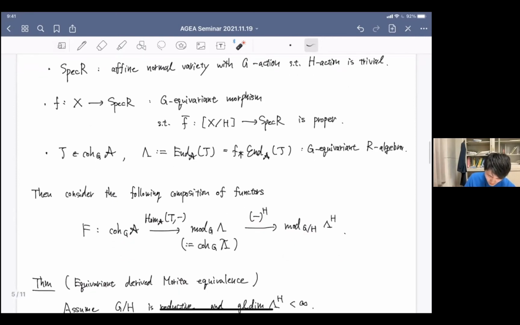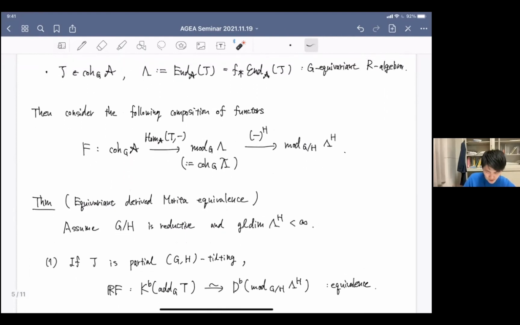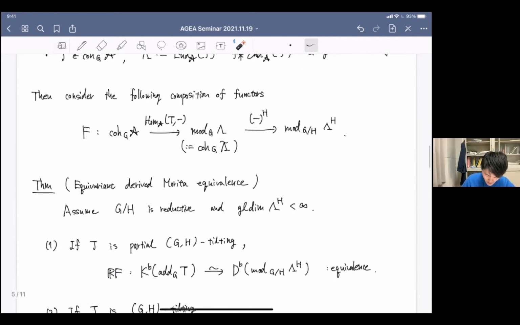And the following theorem is the equivariant version of derived Morita equivalence. So assume G over H is reductive, and also assume that the global dimension of lambda H is finite, where lambda H is the H-invariant part of lambda.